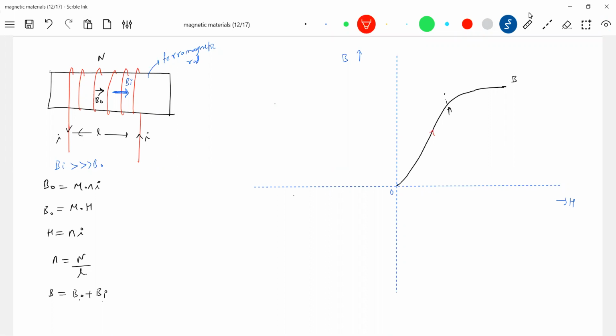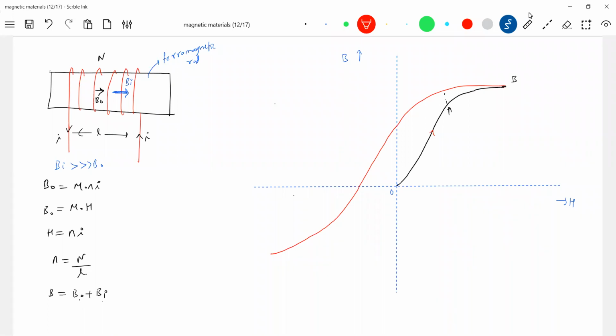It was following like this. So when we decrease the current, till here, now it will be that one.